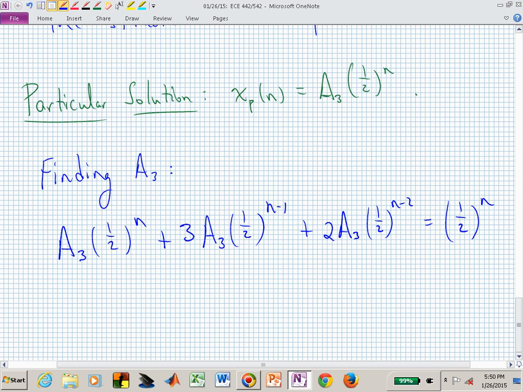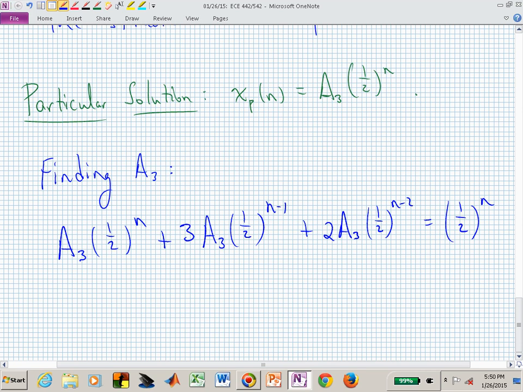That may look a little bit messy, but there's a common factor in all of those terms. The a sub 3, we want a non-trivial solution. We don't want to just set a sub 3 equal to 0, although that would satisfy. No, it wouldn't, would it? Not like the homogeneous. So now we're looking for a non-zero a sub 3, but common to all of those four terms is 1/2 to the n.